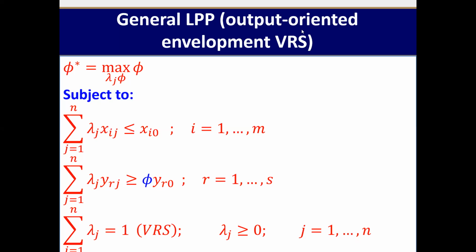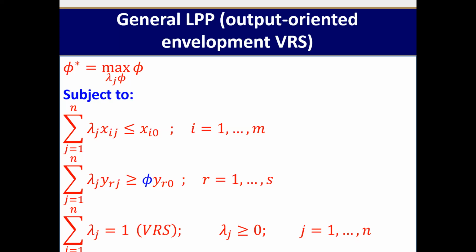The summation of all the weights must be equal to 1, that is 100%, which is the upper bound; you can't have more than that.